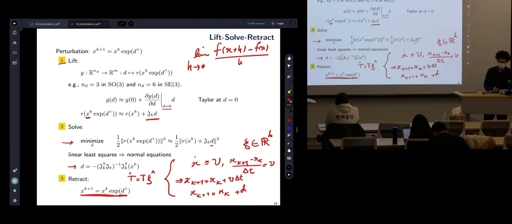Retraction is when we go back to the manifold. Sometimes the exponential map is called the retraction map or projection map, as if it's projecting from the tangent space back to the surface. You can give it all sorts of fancy names, but for us, it's ultimately the exponential map.